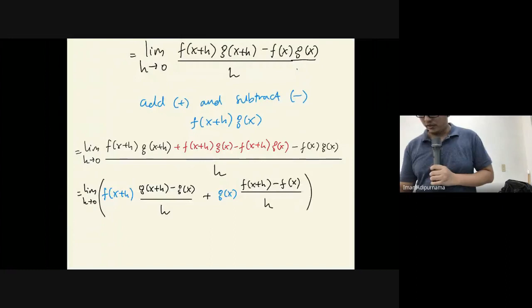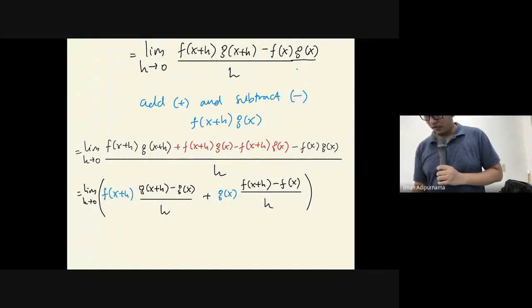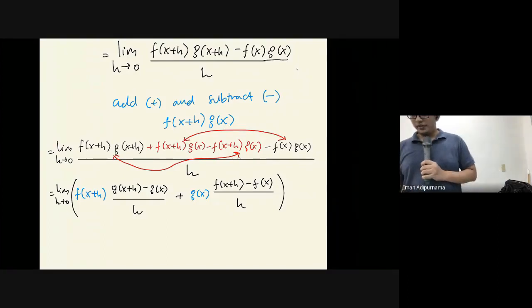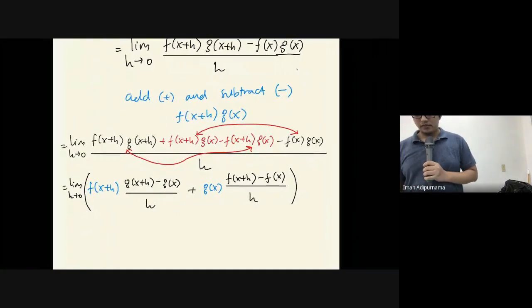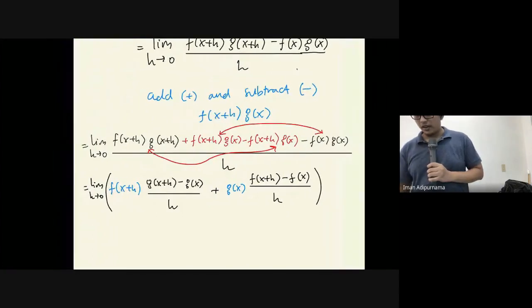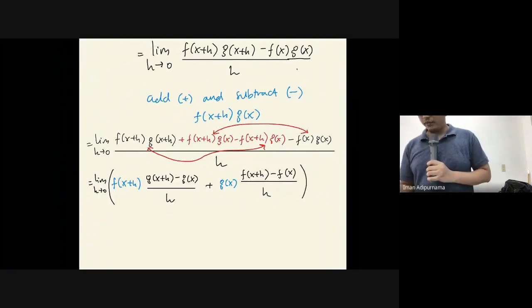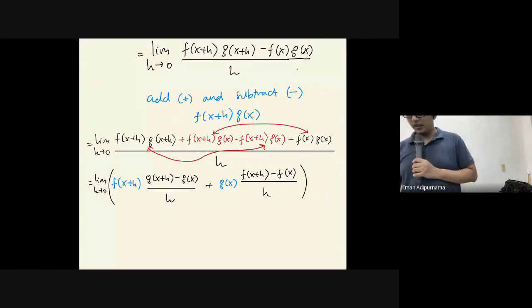So this goes to this and this. The arrow shows the grouping. So I can rewrite this form, the group of f of x plus h and g of x.